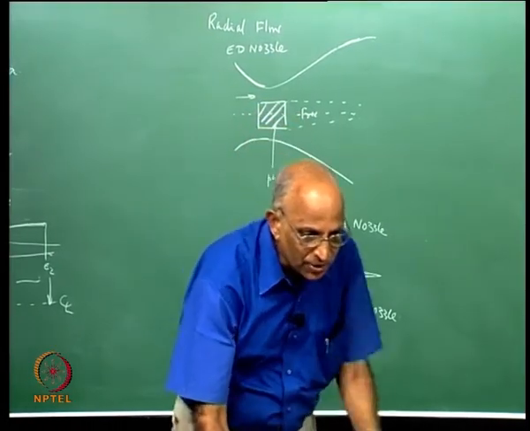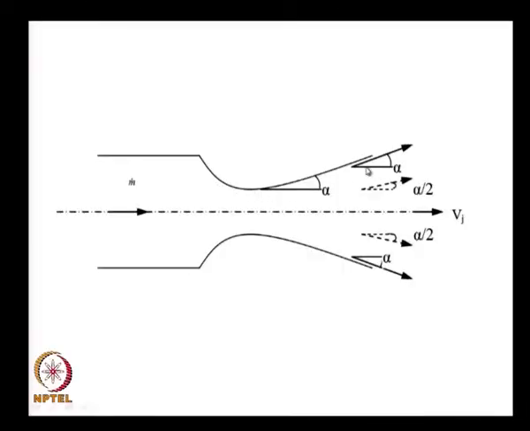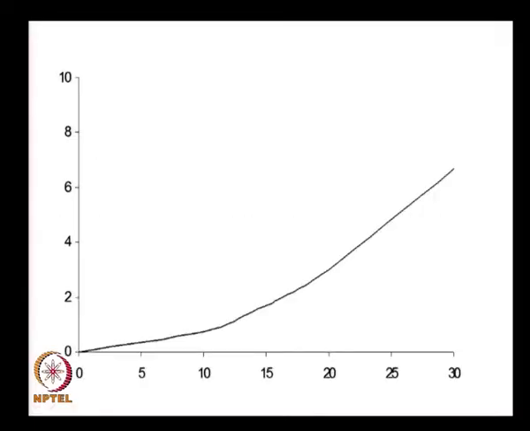In the first slide here I show the divergence losses, maybe alpha, and how we got the divergence loss coefficient. This was the value of delta which we decided as percentage loss in thrust versus the angle alpha. We derived this. We told ourselves the nozzle is around 15 degrees or so for a conical nozzle.